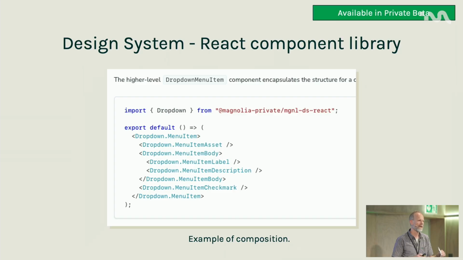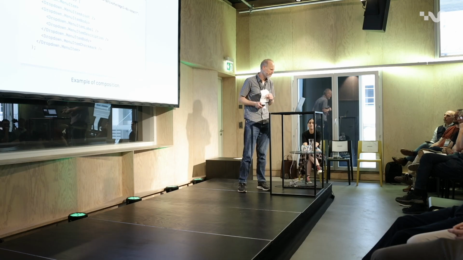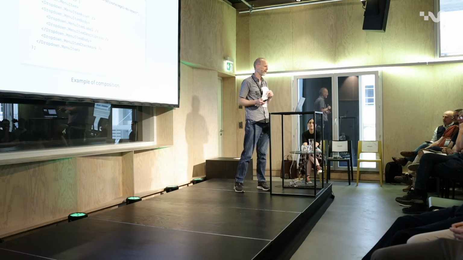So the actual design is separate from the functionality. The library delivers all of the functionality, and then the tokens from the design system add the actual visual padding and all those sorts of things. So those are separate.